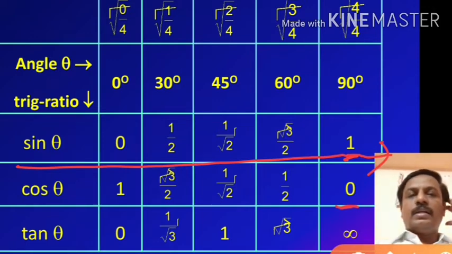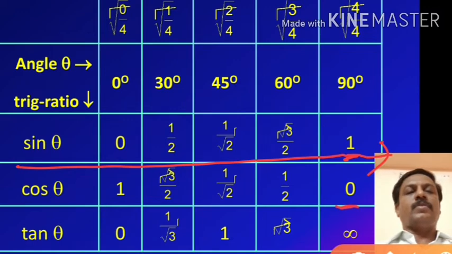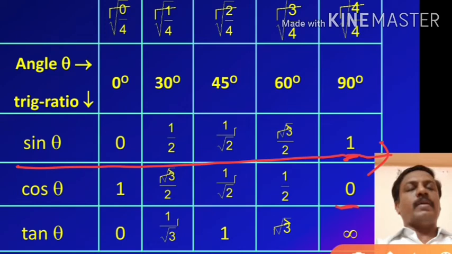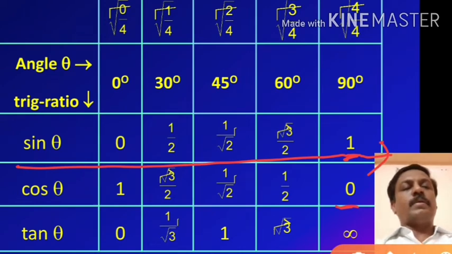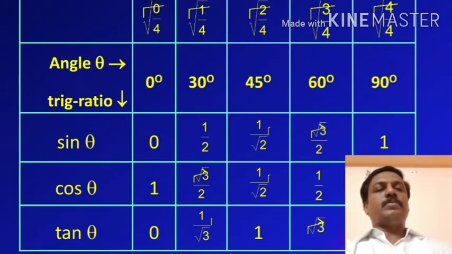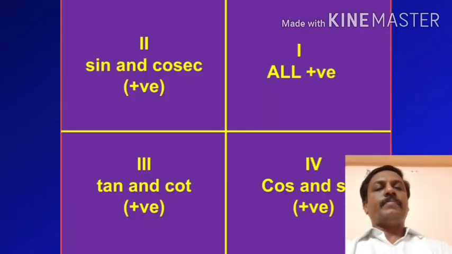Therefore, cosec 0 means 1 by sine 0. 1 by sine 0 is 1 by 0. So 1 by 0 is infinity. So cosec 0 value is infinity. So that way you can write the values of other three trigonometric functions also.